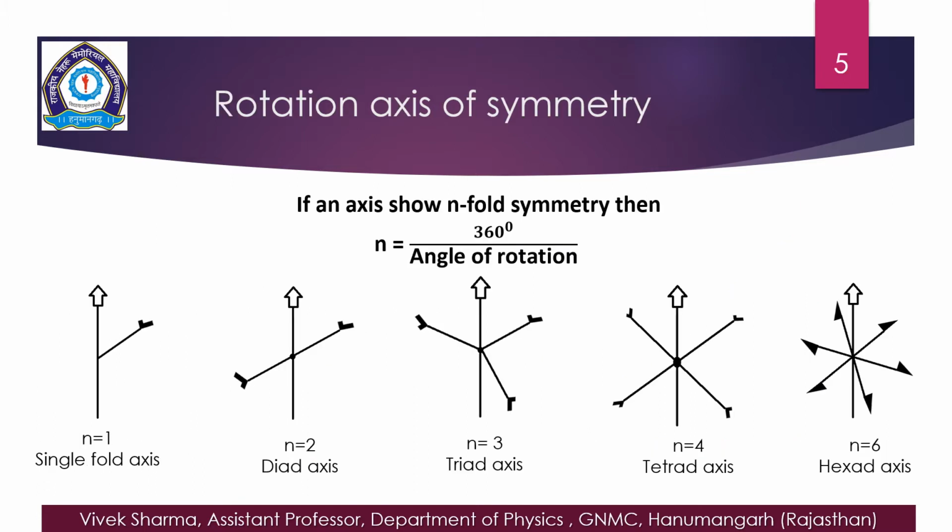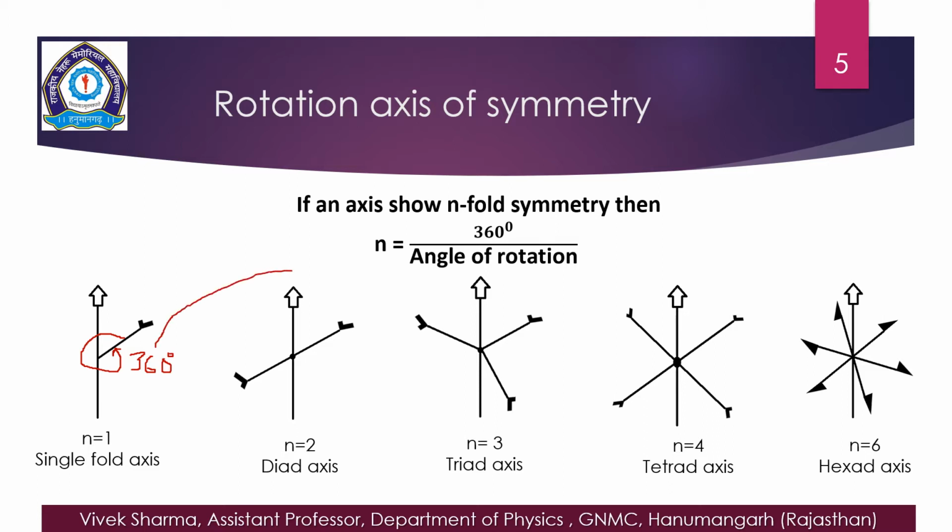In this slide, we are going to define the rotational axis of symmetry again. If we concentrate on the first diagram, then it is clear that we have to rotate the crystal about this axis through a 360-degree angle so that the same identical structure can be obtained. The angle of rotation should be 360 degrees.